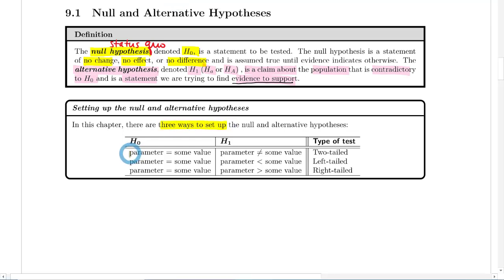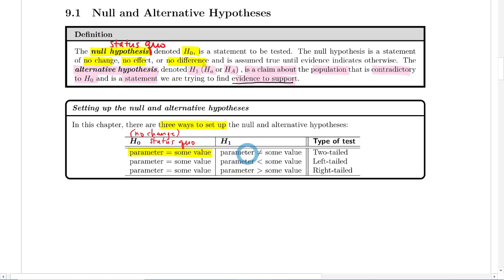The first one is where the parameter is equal to some value. We assume status quo, and always remember that. Status quo. Nothing's changed, no change. And the alternative would mean that something did change.